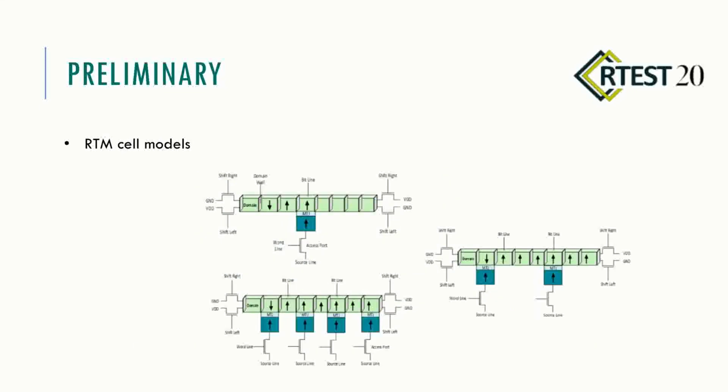We can use a lot of access ports on each tape, and if we use more access ports, we can access each data faster and with fewer shift operations, but it's not memory area efficient. Or we can use only one access port, but we need a large number of shift operations to access each data, but it's area efficient.